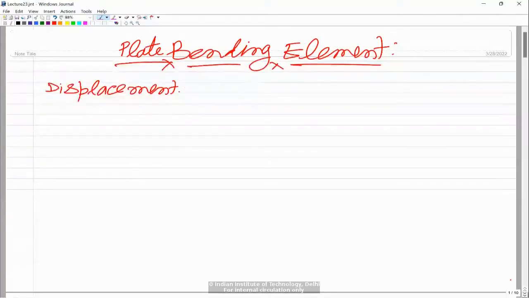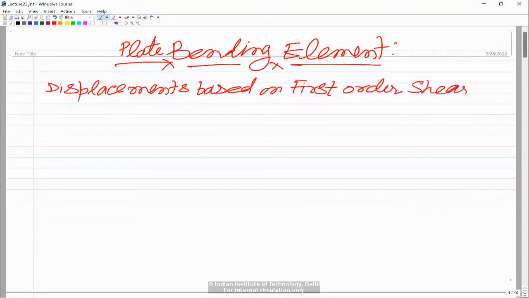So we said displacements based on first order shear deformation theory. So this I had said.